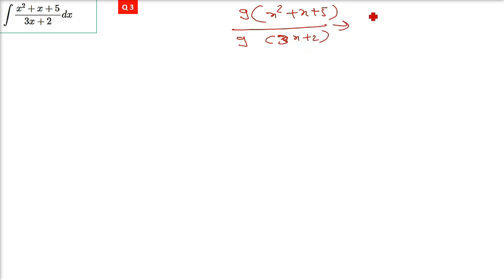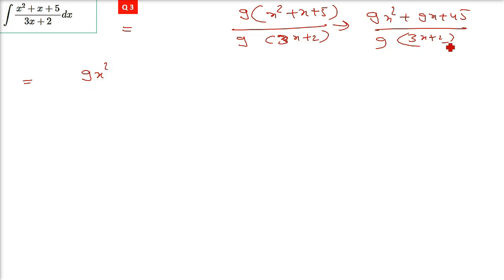What do you get in the numerator? It's 9x square plus 9x plus 5 9s are 45, and divided by 9 will keep it for the later part. We'll not be dealing with the denominator 9. We'll introduce it or recall it whenever it is required. 3x plus 2 we require. Now 9x square, if we add 4 and subtract 4, what are you going to get? 9x square minus 4 plus 4.